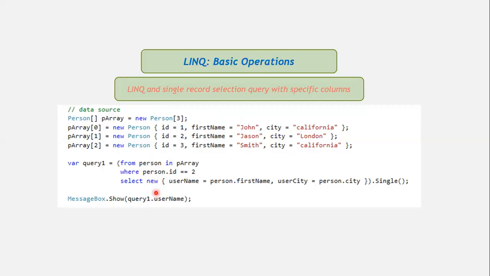We have used the new keyword directly, and then curly brackets, and inside the curly brackets we created a column with the name username and assigned a value to it, and then we created another column with the value that we are assigning. According to the value, the data type of that variable will be set automatically, and there is no name of this class, and we are directly creating an object.